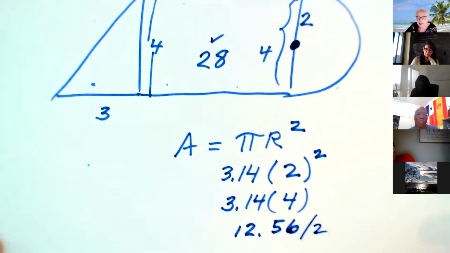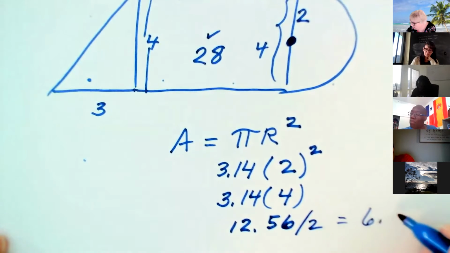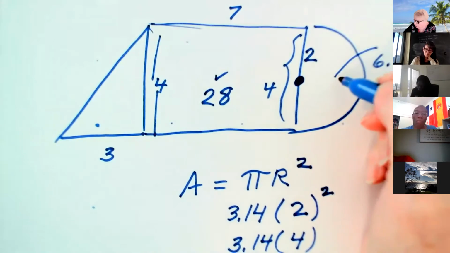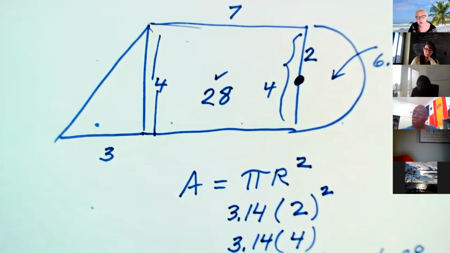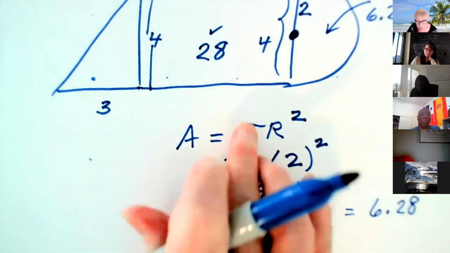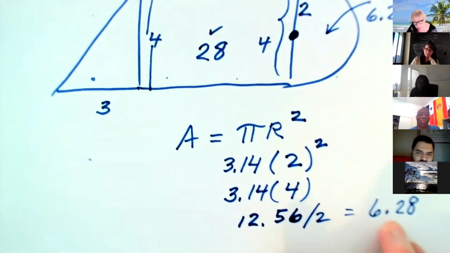So we want to divide this by 2, and this would give us 6.28. It's the half circle. We almost got so happy with ourselves for following this correctly, but then you had to look back at your picture and say, I only have half. So I have this number.